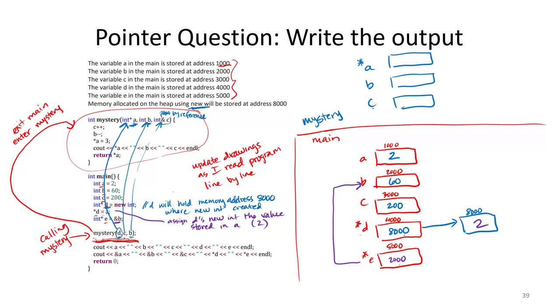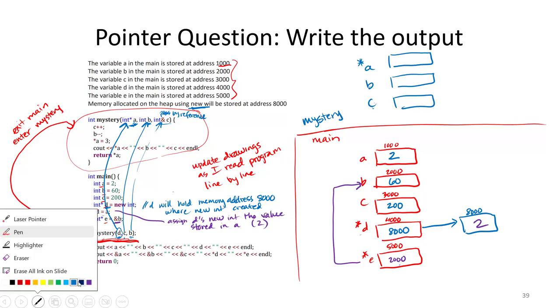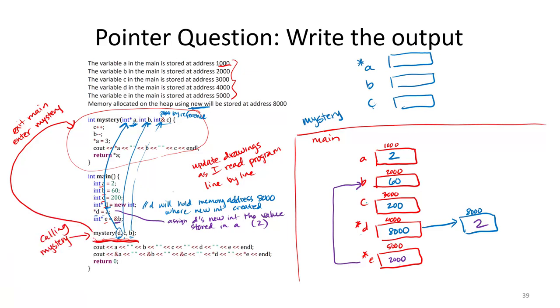So notice in main, my variable D was a pointer that held the memory address 8000. So that means in my mystery function, I'm going to plug in D for my variable A. So I'm going to copy my value 8000. And now my pointer A is also going to point at memory address 8000 where D points.